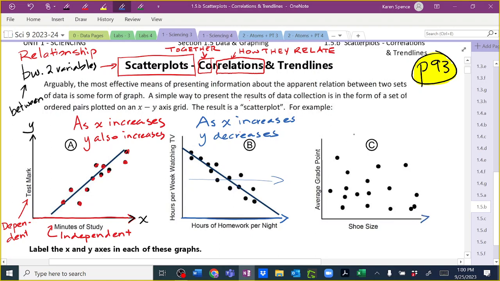And in part C, as x increases, what happens to y? Random stuff. It doesn't follow any particular pattern. It doesn't go up, it doesn't go down. There's no pattern.